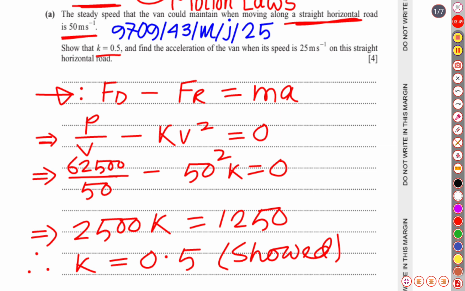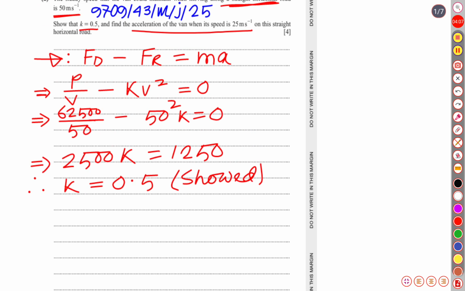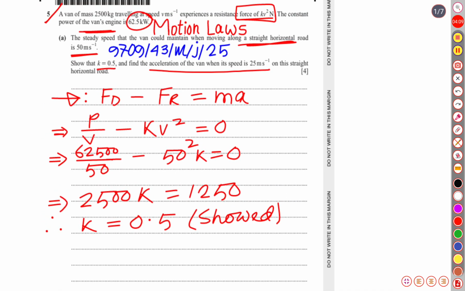They have told us to find the acceleration of the van when its speed is 25 meter per second. For acceleration, the concept remains the same, Newtonian motion laws, but the quantities are different, because this time it is no more constant speed.